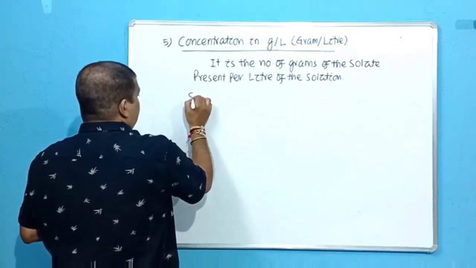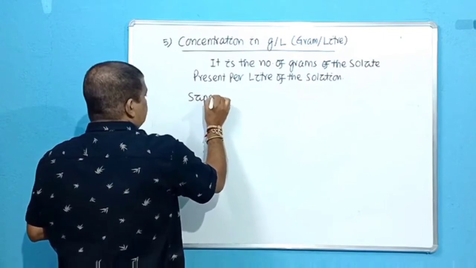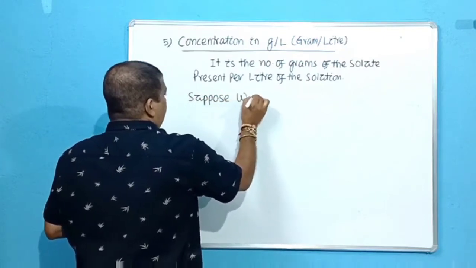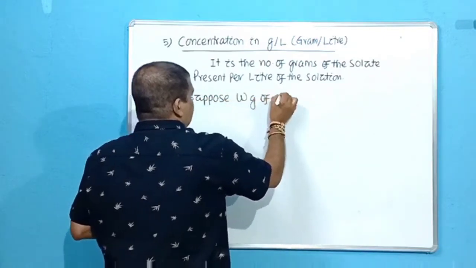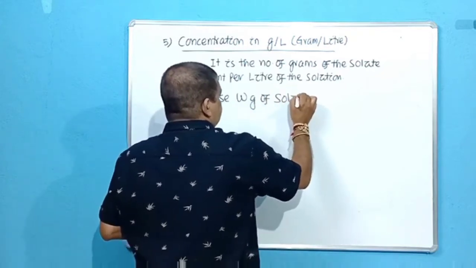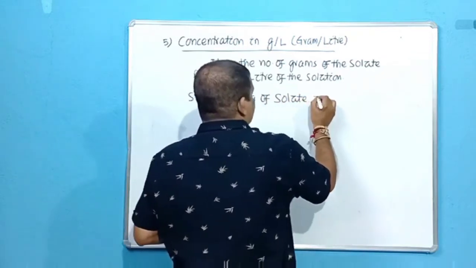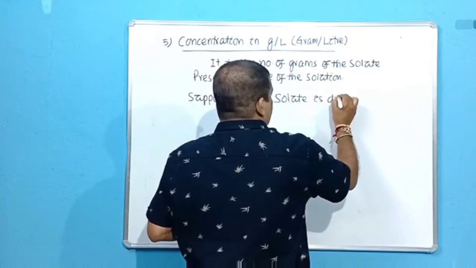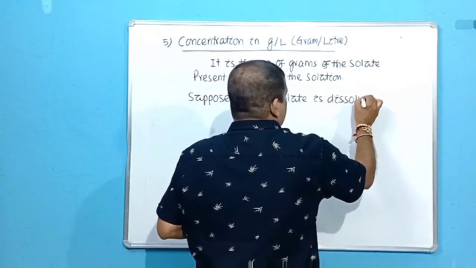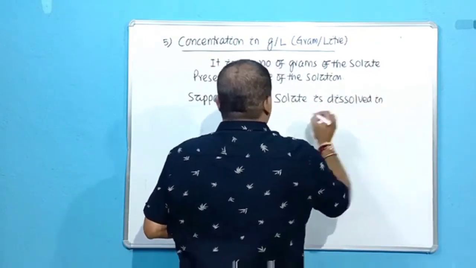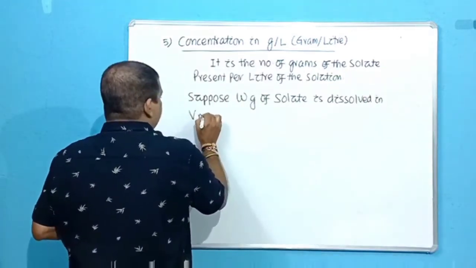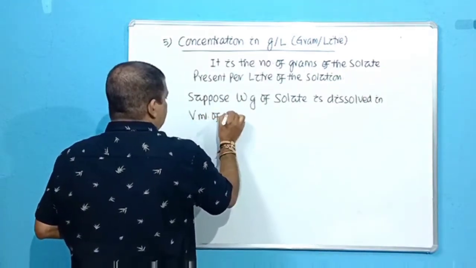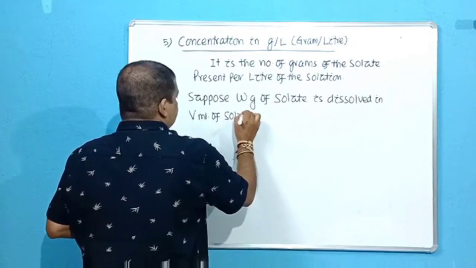Suppose W gram of solute is dissolved in V milliliter of solution.